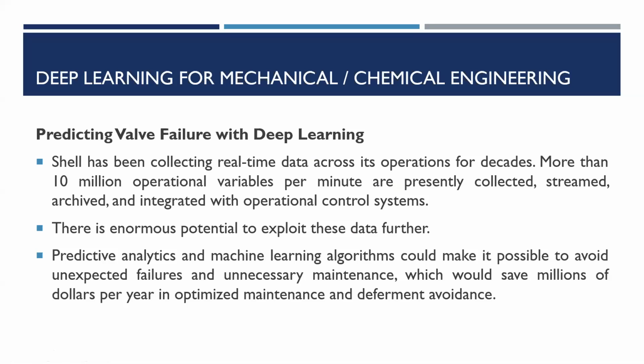So there is enormous potential to exploit this data further. You can do predictive analytics, and machine learning algorithms could help there. You can avoid unexpected failures and unnecessary maintenance. It could save millions of dollars per year.